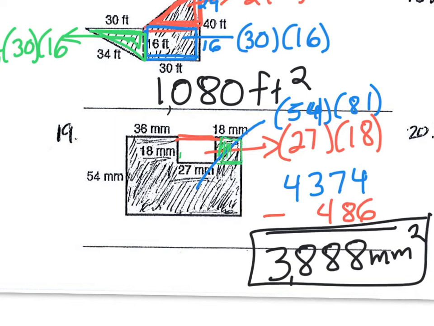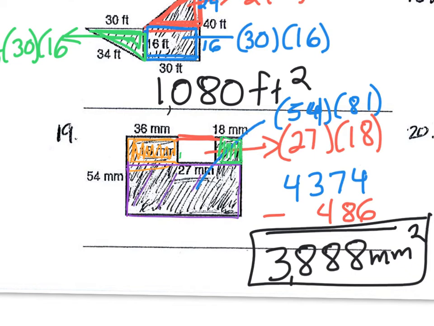So you got this area, and then the top one? 36 by 18. Okay, 36 by 18. So this is the second one, and then the bottom one, which is going to be the difference, right? 54 and 18 by 81.